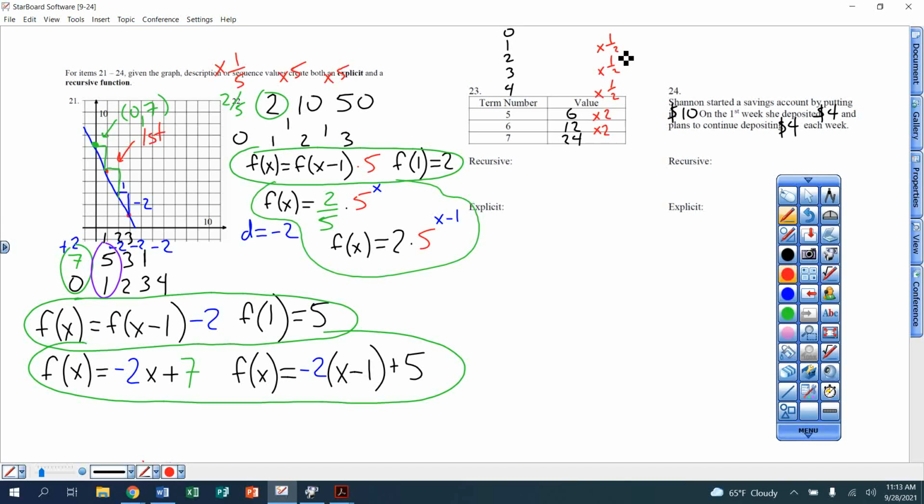Take this 6 right here, times it by half, or 6 divided by 2, same thing, gives you 3. 3 divided by 2, or 3 times 1/2, gives me 3/2, 3 halves. 3 halves times 1/2 gives me 3/4. Notice that 3 on top is not changed in 3 halves.